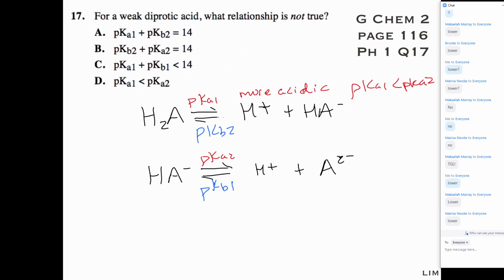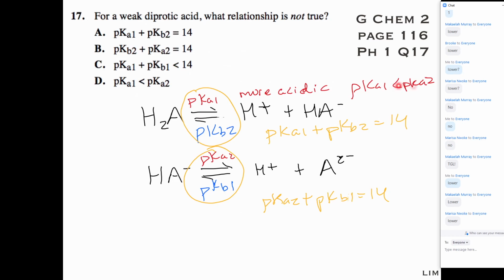The second one coming back on is pKb2, which means that's a conjugate pair, and that's a conjugate pair. So we have pKa1 plus pKb2 equals 14, and pKa2 plus pKb1 equals 14, because again, conjugate pairs add to 14.